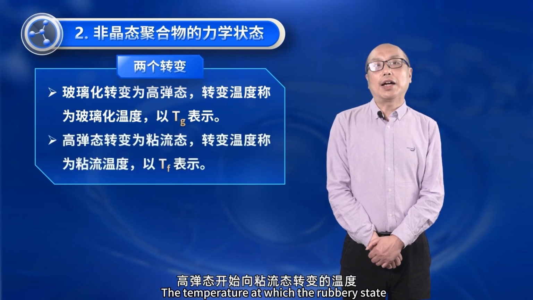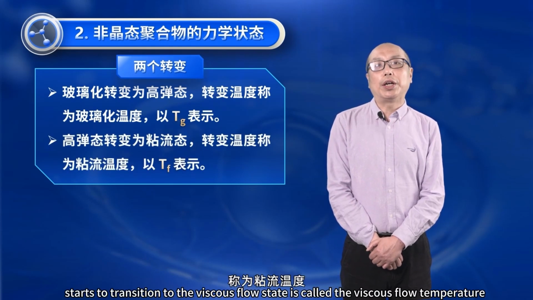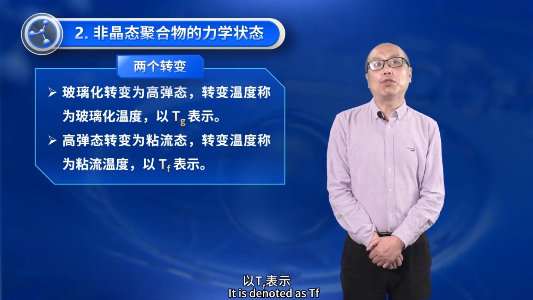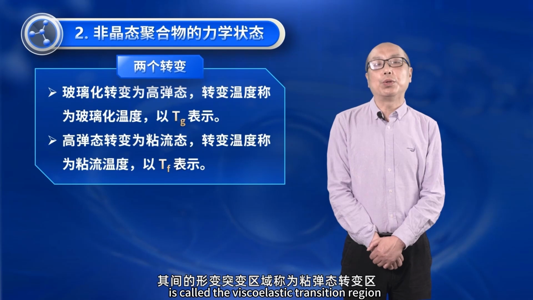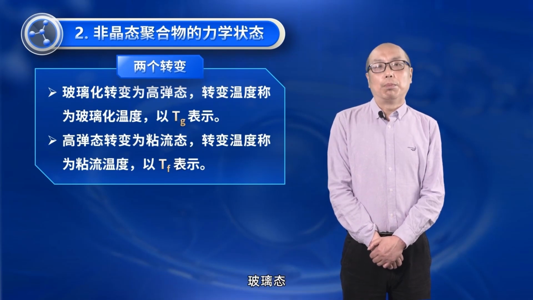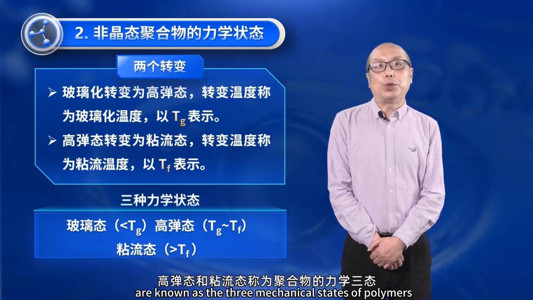The temperature at which the rubbery state starts to transition to the viscous flow state is called the viscous flow temperature. It is denoted as Tf. The deformation transition region between these states is called the viscoelastic transition region. The glassy state, rubbery state, and viscous flow state are known as the three mechanical states of polymers.